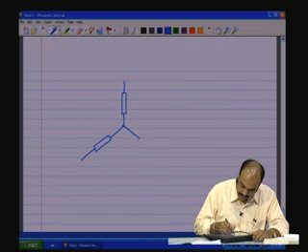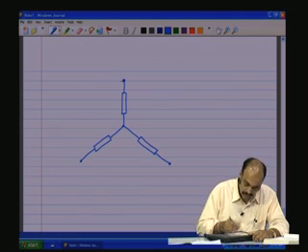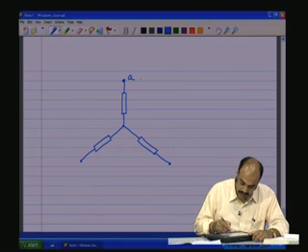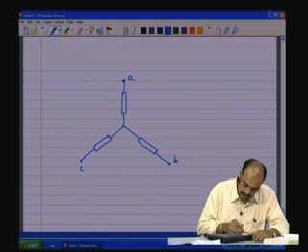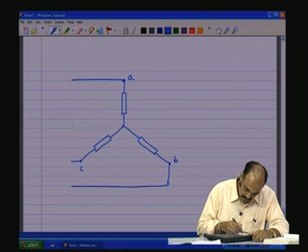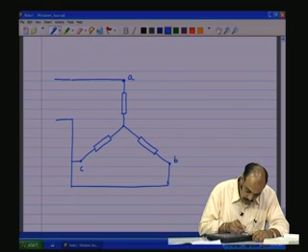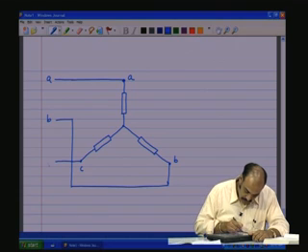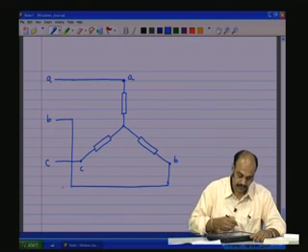So, this is a star circuit or a Y circuit, as it may be called conveniently. So, let us say this is point A, this is point B, this is point C. So, A, B, C's are connected to a 3-phase load. A, B, C are connected to a 3-phase source.